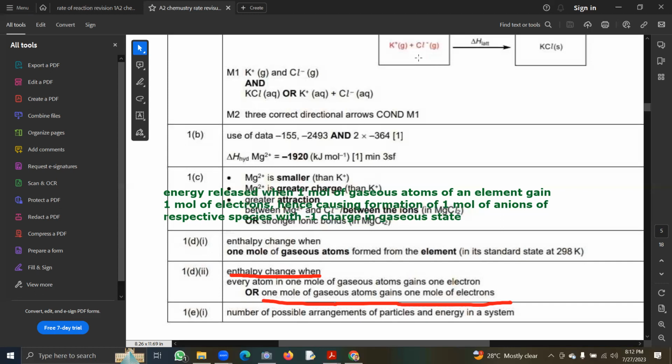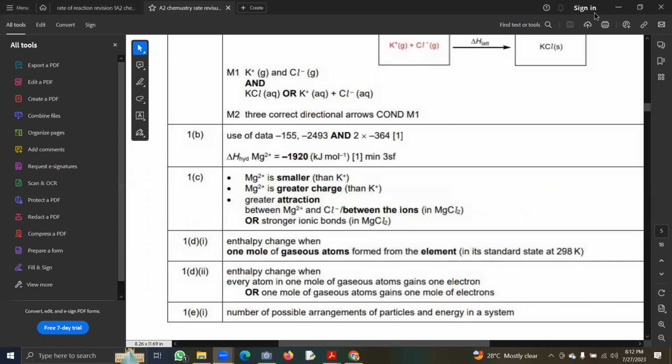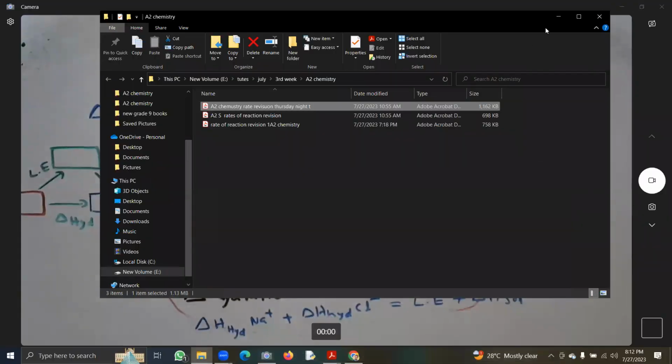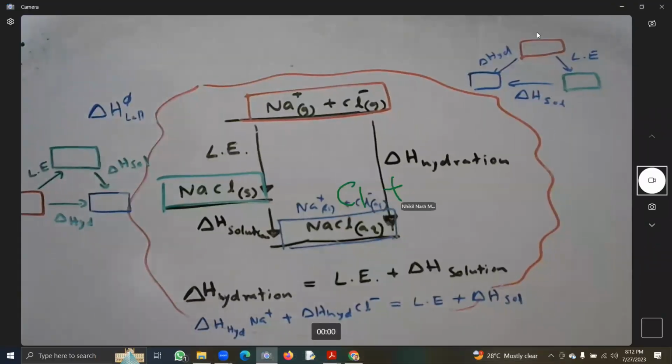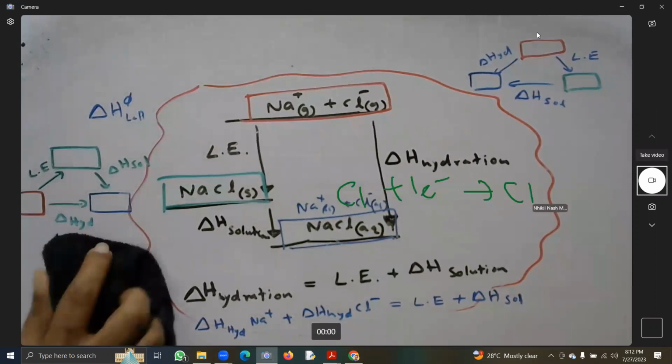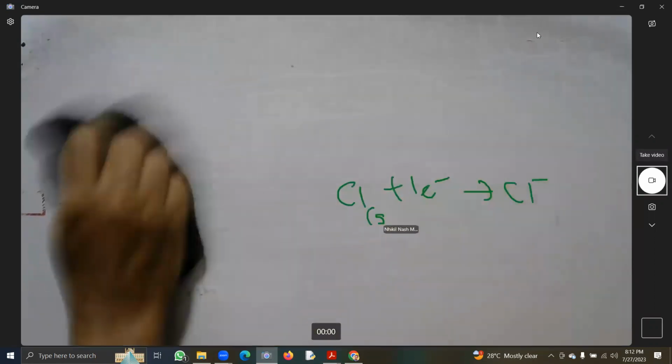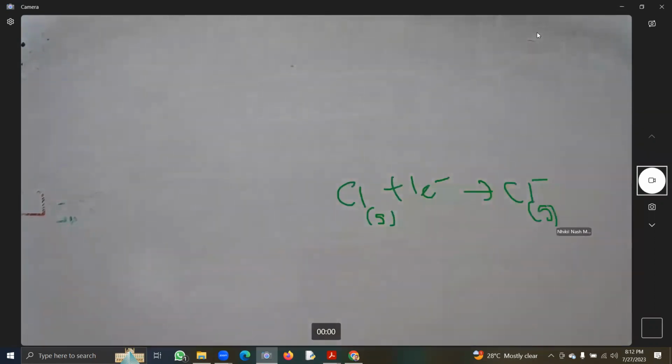So done. Okay. Then this one, write the equation as well. The easiest way for electron affinities, like ionization, is to write the equation, then convert the equation into a definition. So write gas, gain 1 mole of electron.